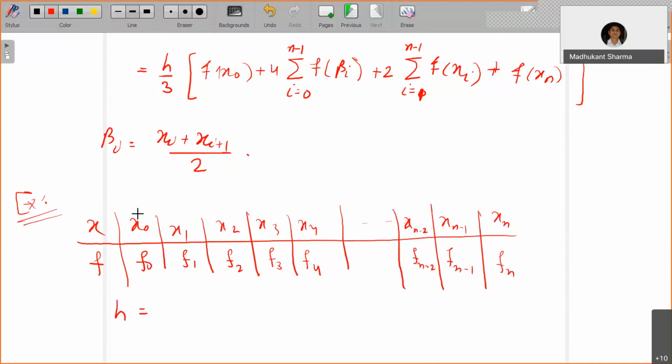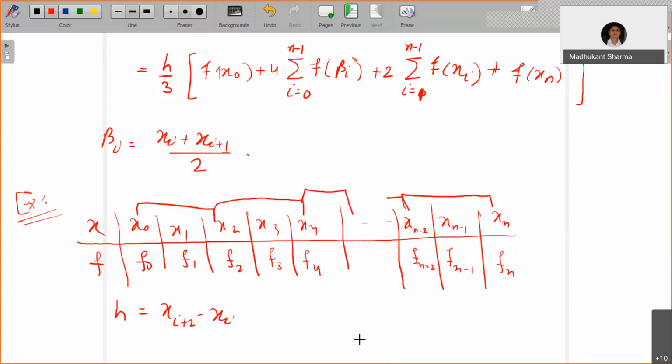h is going to be, you are going x0 to x2, x2 to x4, x4 to x6, and so on, xn minus 2 to xn. Here they are uniformly spaced, and x1, x3, and xn minus 1 are the midpoints of each interval. So h is equal to x2 minus x0, or you can say xi plus 2 minus xi.